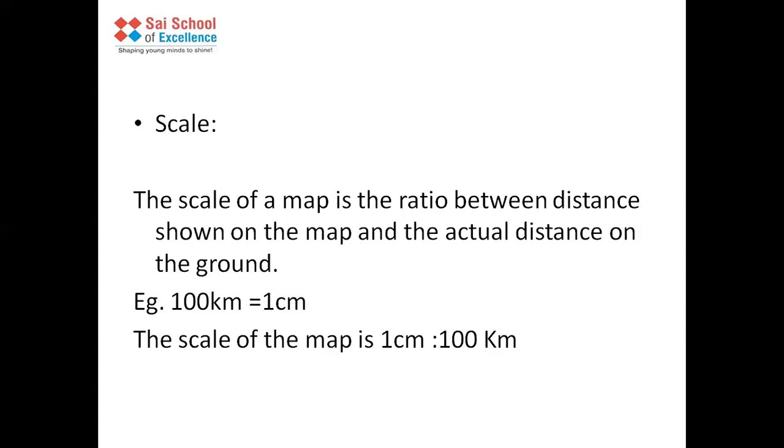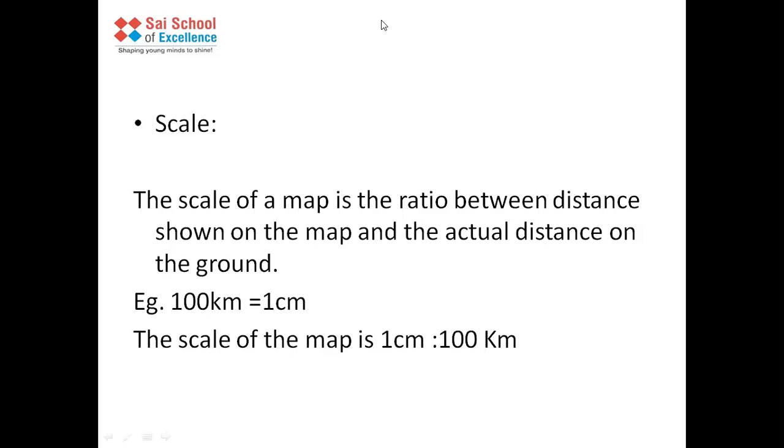The scale of a map is the ratio between distance shown on the map and the actual distance on the ground. For example, the actual distance between two cities may be 100 kilometers, but on the map, it may be shown as 1 centimeter.